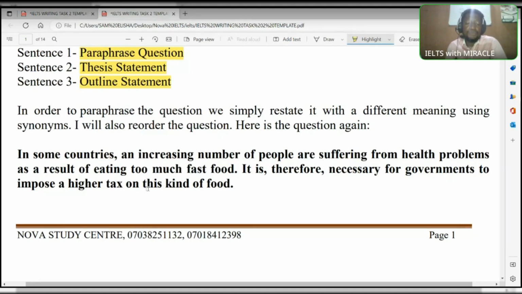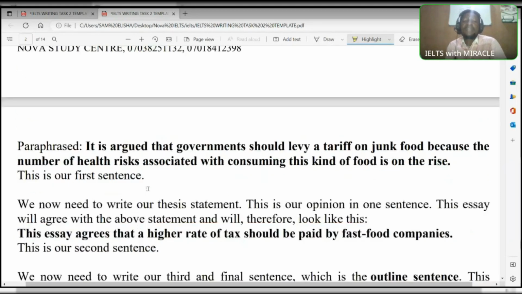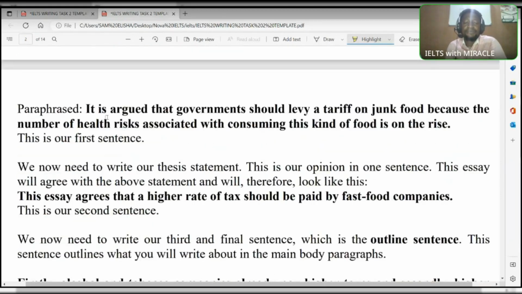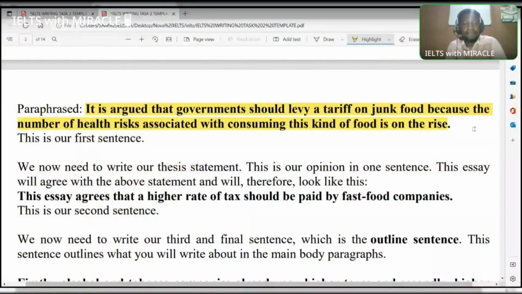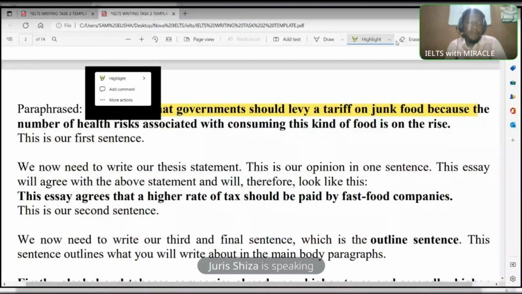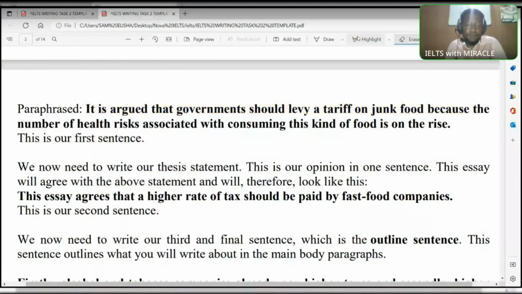All right, now look at the paraphrase here. I hope you can all see my screen.